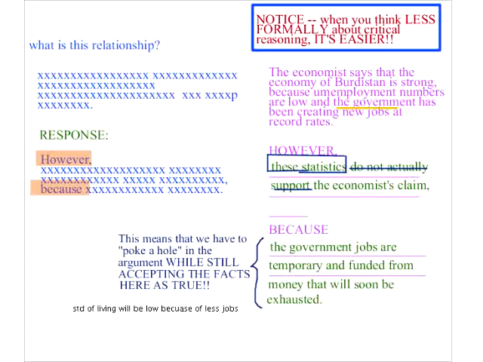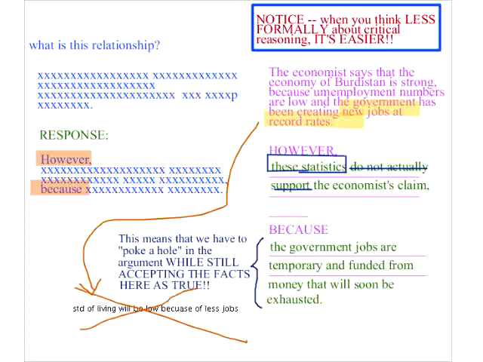If the passage says there are more jobs and they're being created faster than ever, then a statement that says there are fewer jobs is wrong.